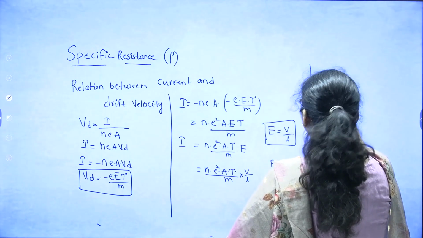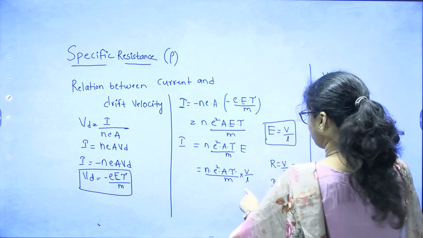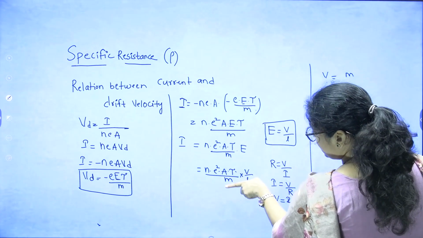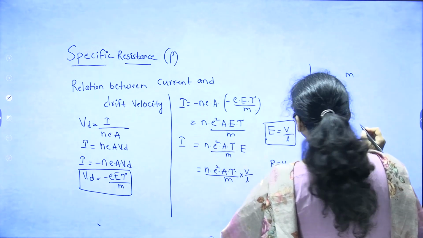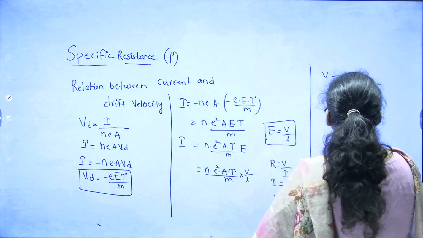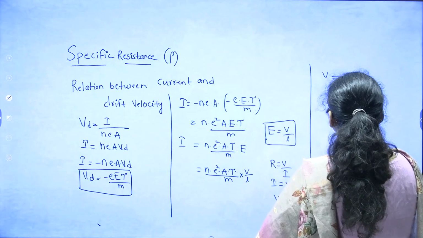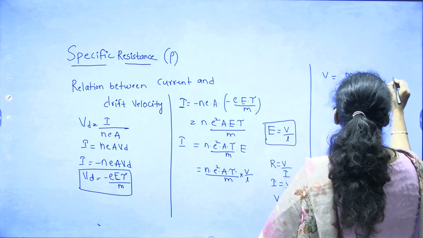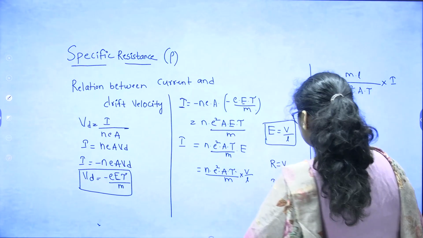Then V is equal to m L, which is in the denominator part, going to the numerator, m L by n e square A tau into I.